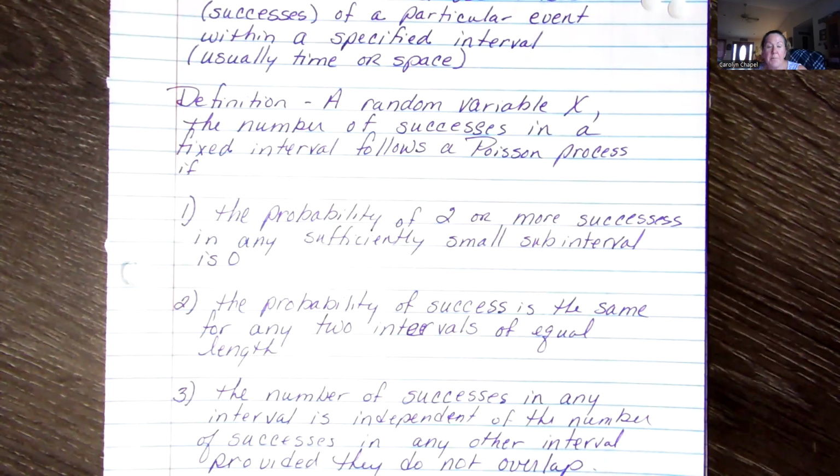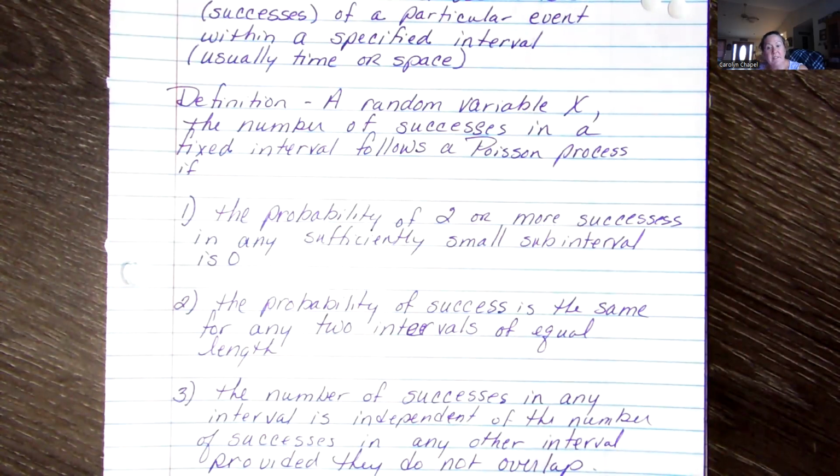If we're talking about people coming in a checkout line, we're not going to have them coming in so quickly that we can't count them. Even if we have one every second, we could still get it down to 0.03 of a second, still 0. So we can find some small subinterval where the probability of having two people in that small interval is 0.